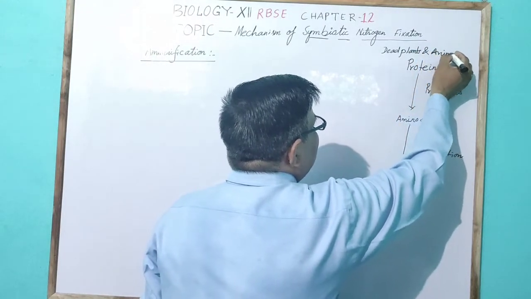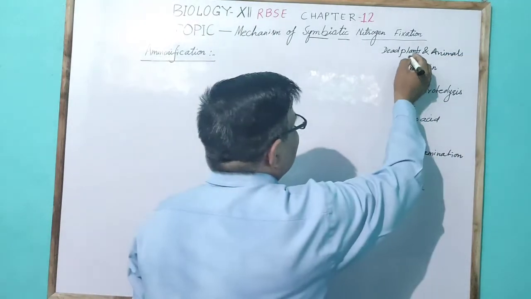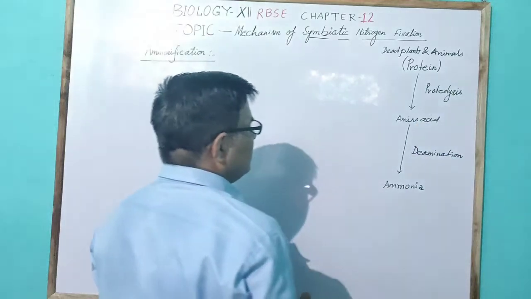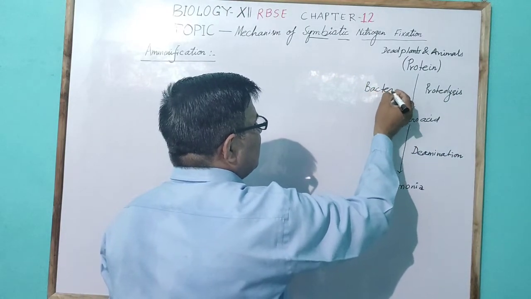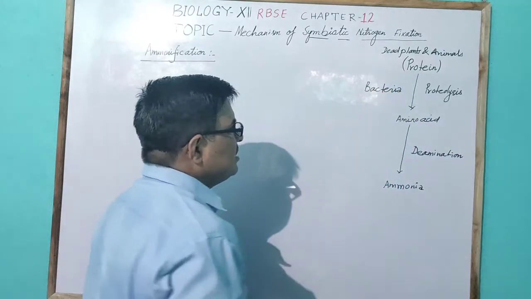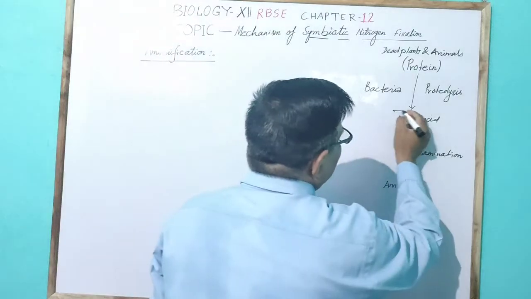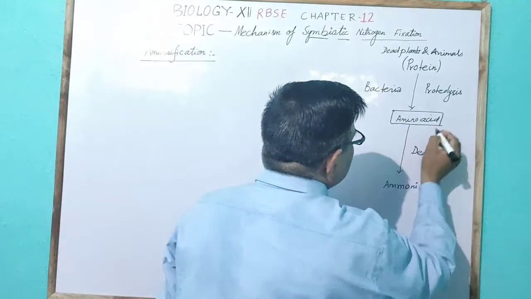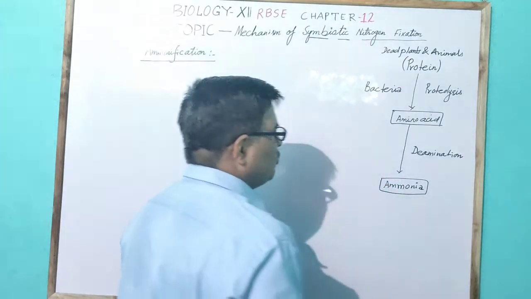Dead plants and animals generally contain protein, and this protein, with the help of bacteria, changes into amino acid as the next product. This amino acid later on changes into ammonia.